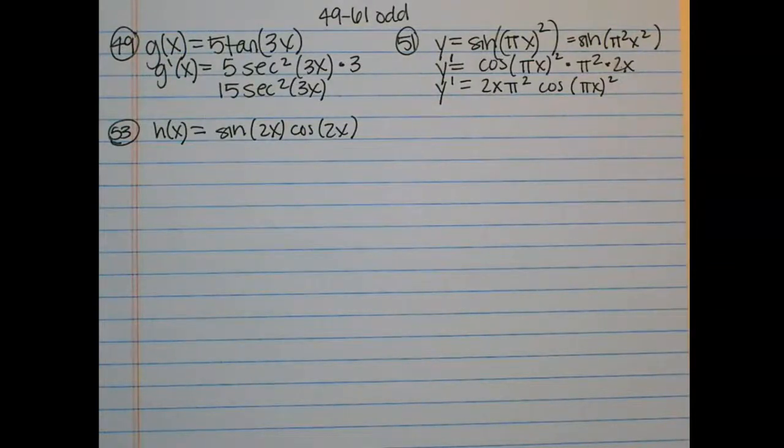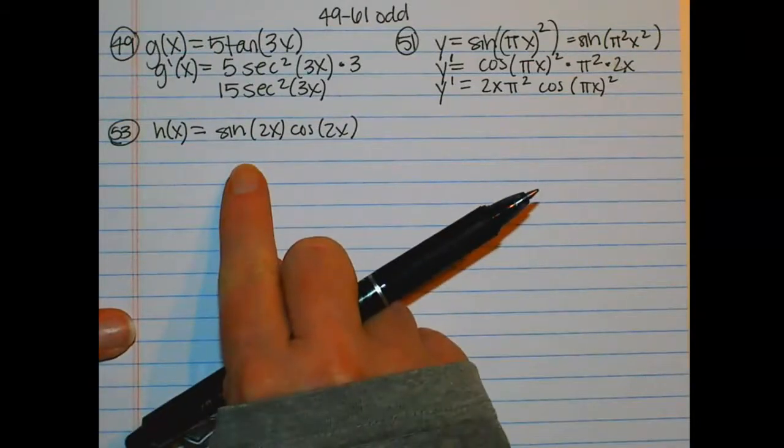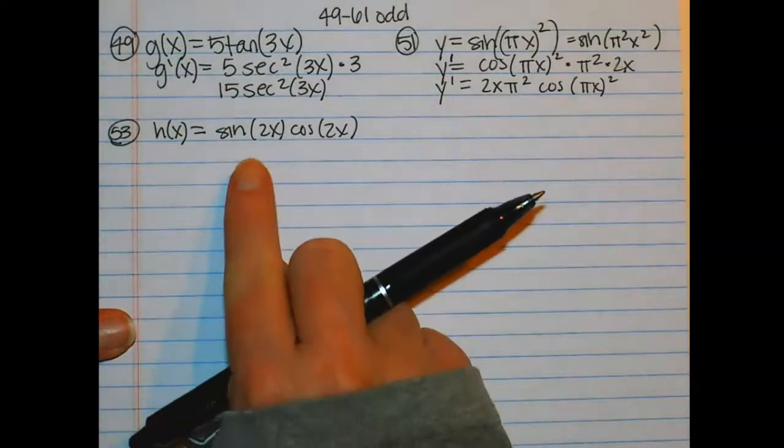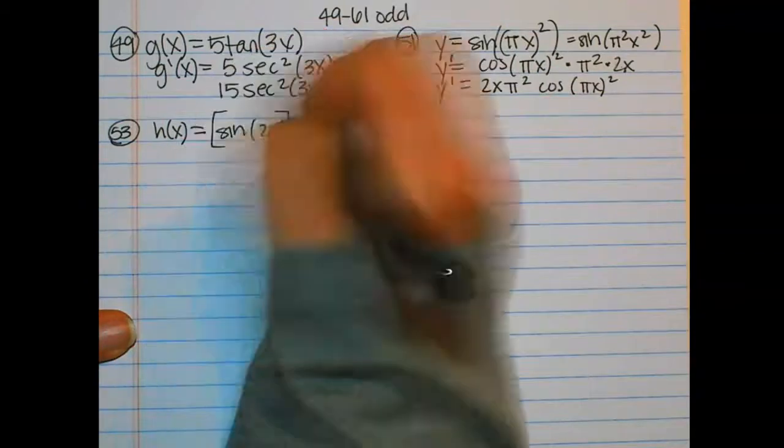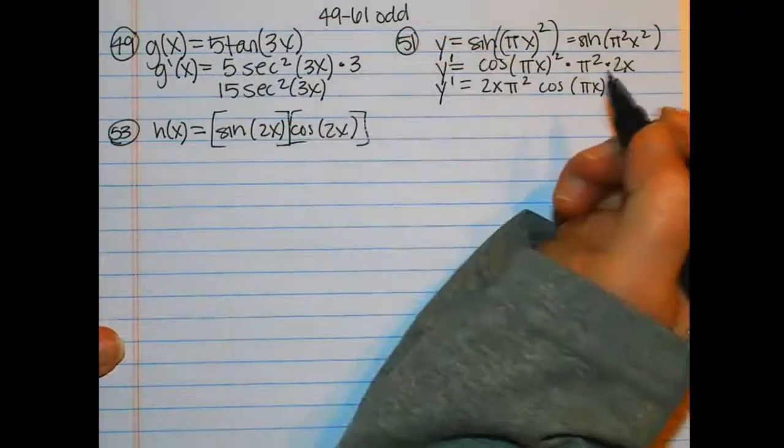53 is product rule with 2 chain rules. So we have product rule, and being able to spot this, pause and look at the problem and figure out what it is for the first time. There is this function times this function, which is product rule.